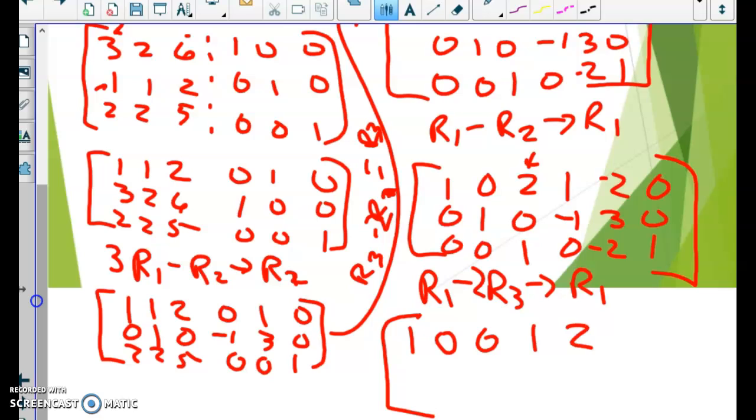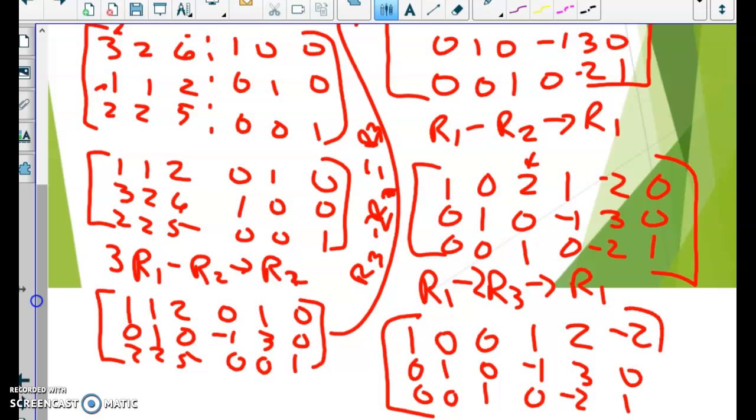And 0 minus 2 is negative 2. And the other rows stay the same: 0, 1, 0, negative 1, 3, 0, and 0, 0, 1, 0, negative 2, 1.